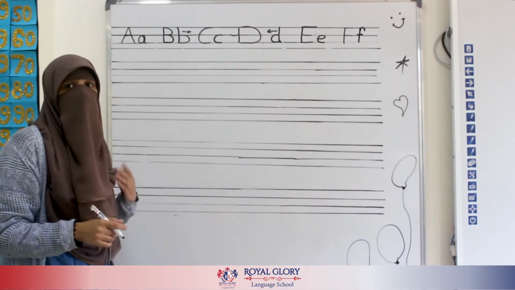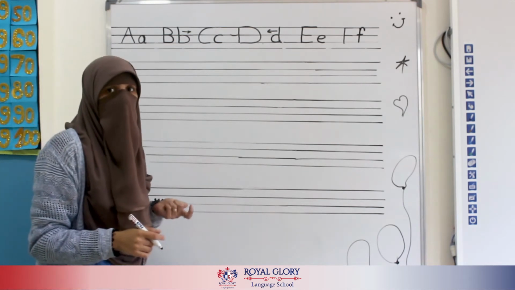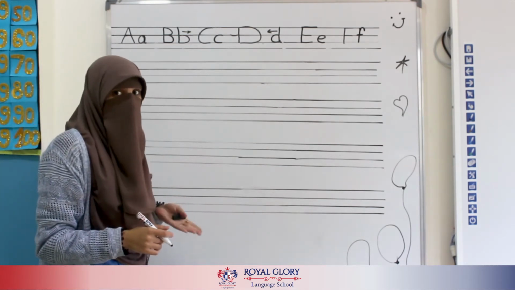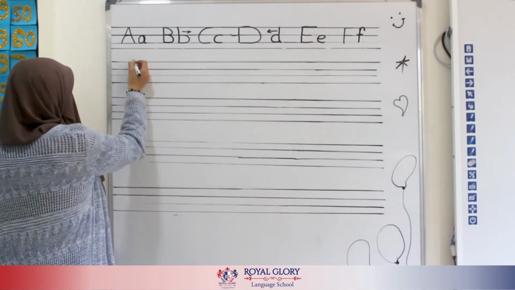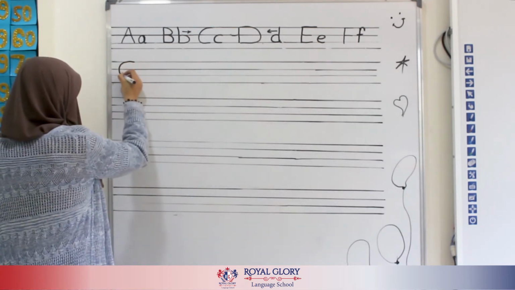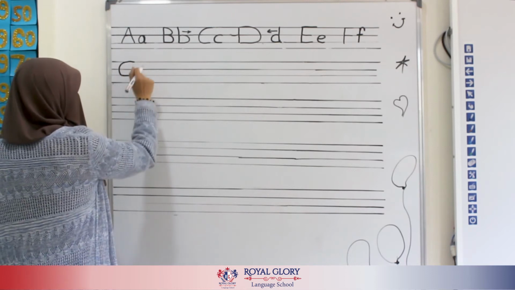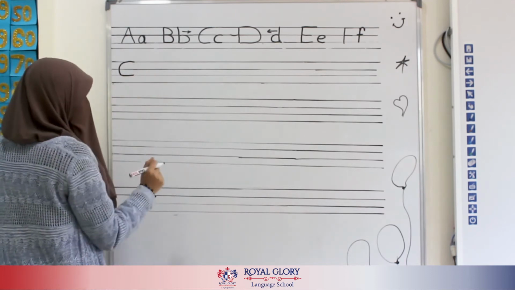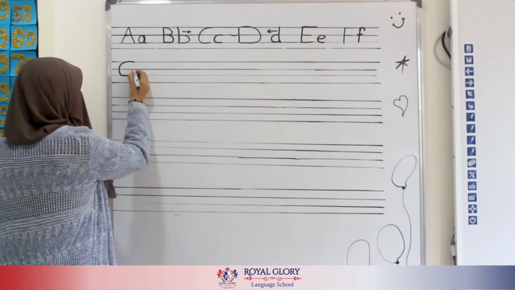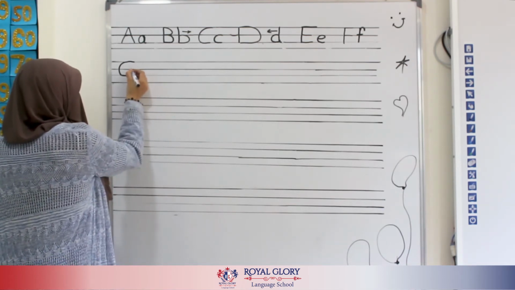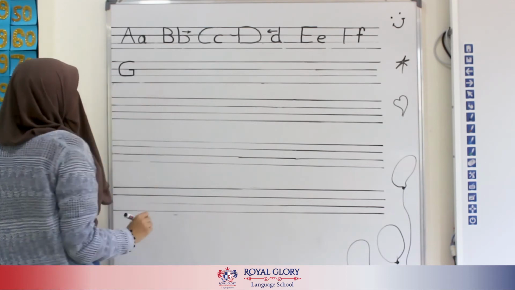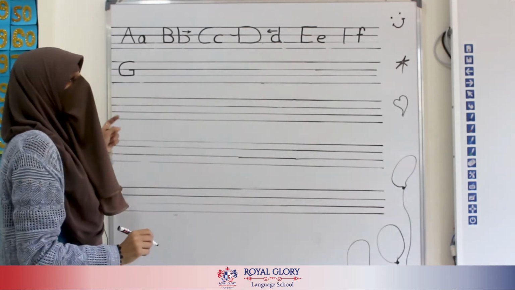Letter G, its sound is g, like in gate. How to write it? Big half circle between line number 1 and line number 3. Then up till line number 2. Then small sleeping line, g.